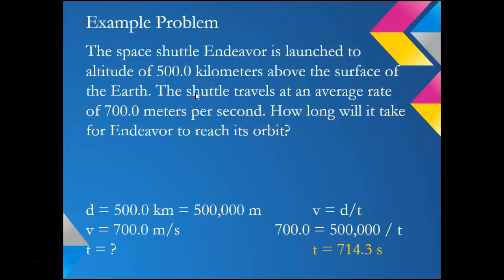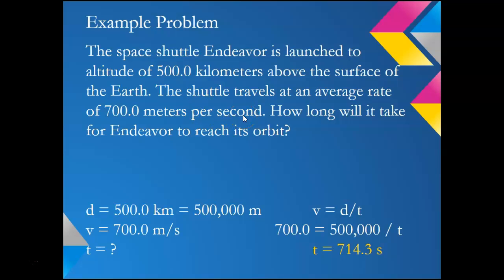First, we need to list what is given. The problem tells us that the space shuttle traveled 500 kilometers. It also states that the speed at which the shuttle traveled is 700 meters per second.